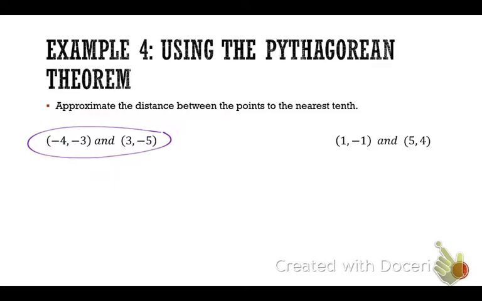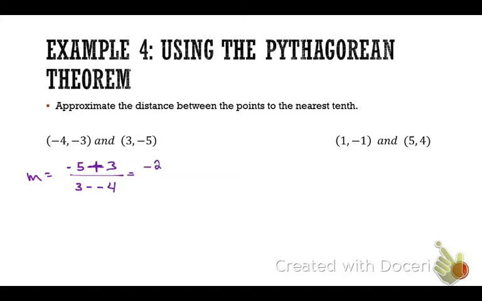Okay, so slope, negative 5 minus negative 3. Did y'all catch the double negative? Yes. Over 3 minus negative 4. Okay, double negative changes to a positive. What's negative 5 plus 3? Negative 2.